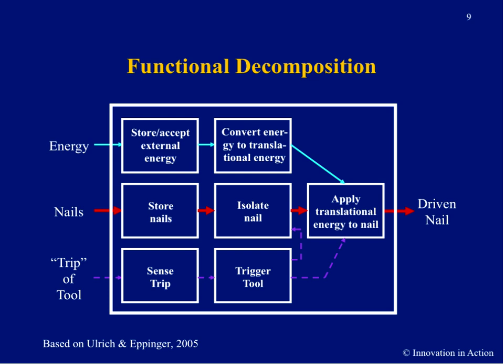So an example here is shown for the decomposition of a typical nail gun, such as a pneumatic one. And you notice in the bottom left it says "trip tool" as opposed to "trigger tool." Later it does say trigger tool, but at the most general level where it says "trip tool," not using the word trigger opens up your mind to other ways that you might signal the nail gun to fire a nail.